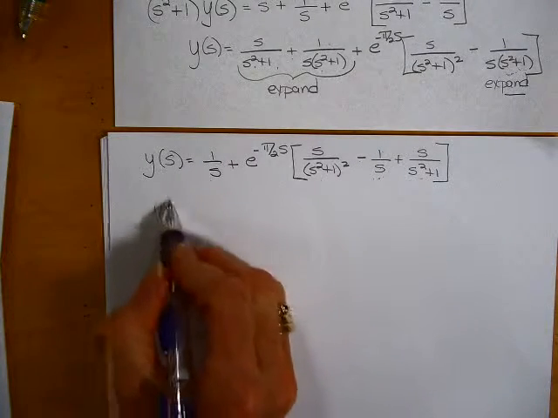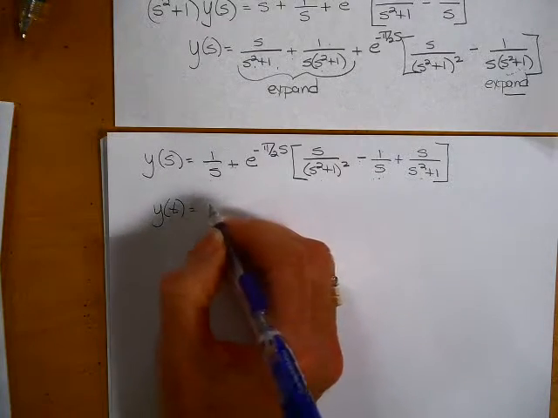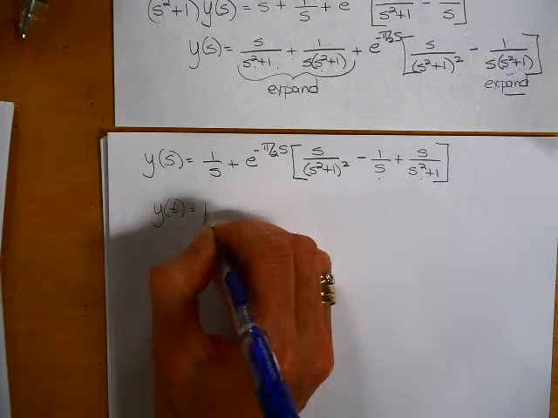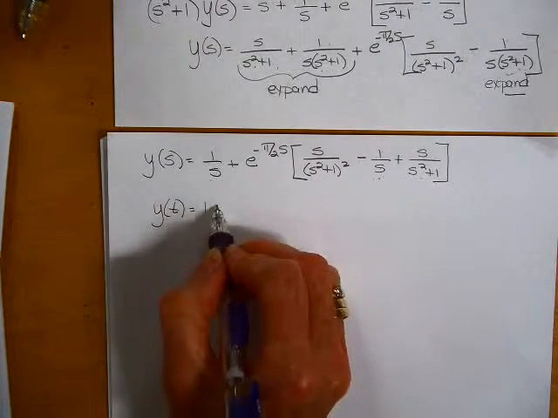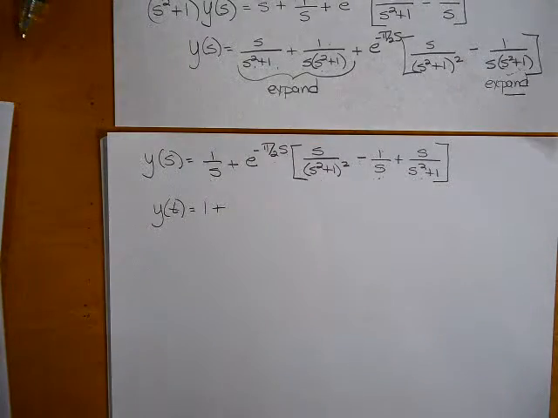So then you do your inverse Laplace transform. 1 over s is, it's 1 over s. Isn't it just 1? Alrighty, then we've got e to the negative pi over 2s. This is an inverse Laplace transform. Oh, here are my formulas.